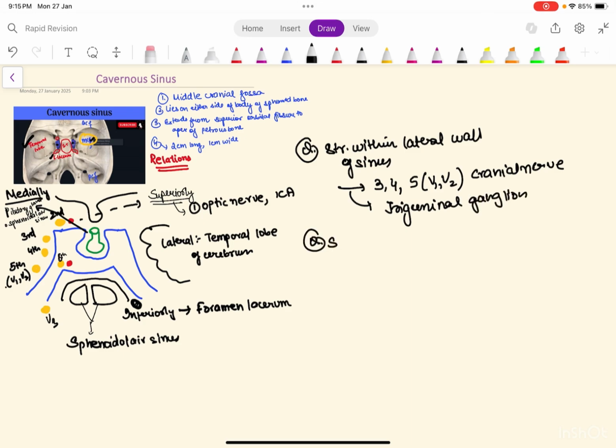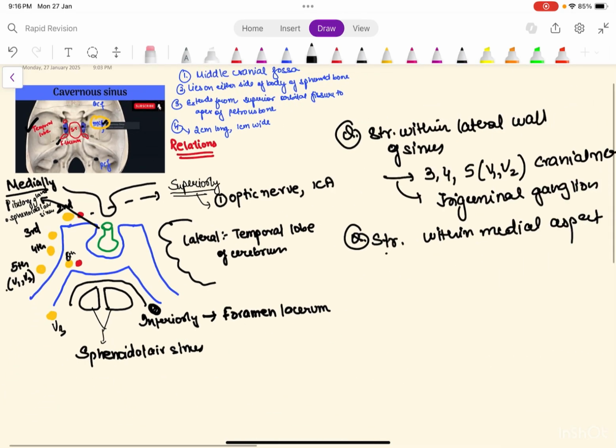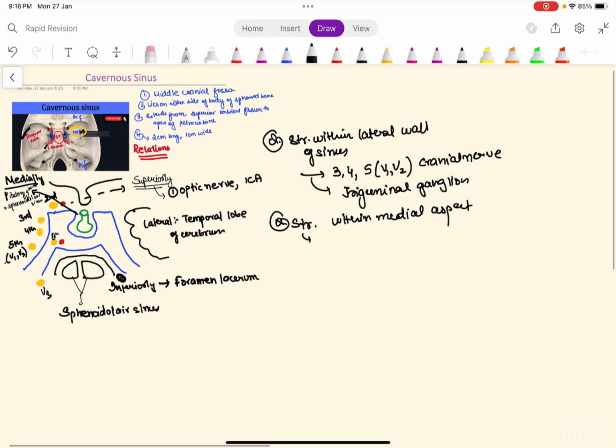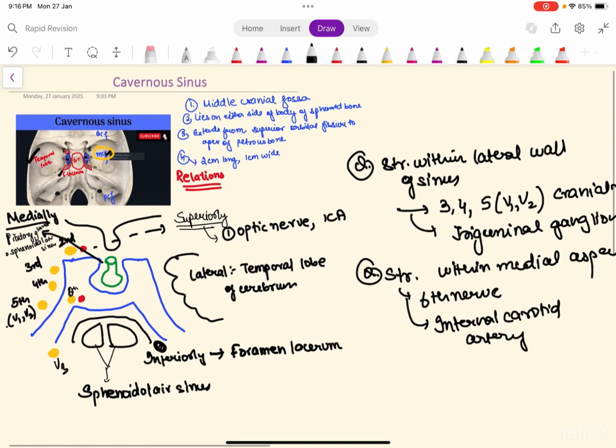Then another generic question: structures within the medial aspect. I told you these are lying inside, so the sixth nerve and the internal carotid artery. These are the relations of the cavernous sinus.